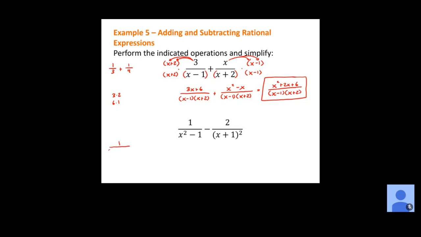So my first step here is just to rewrite that first fraction as 1 over x plus 1 times x minus 1. Okay, now, x plus 1 squared, what does that mean if I were to kind of rewrite it?